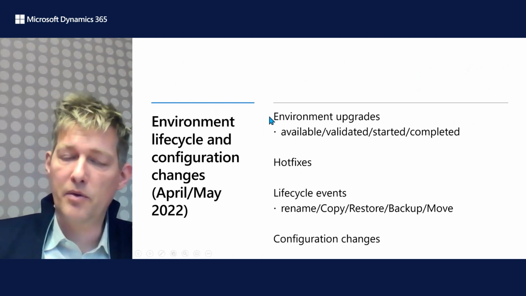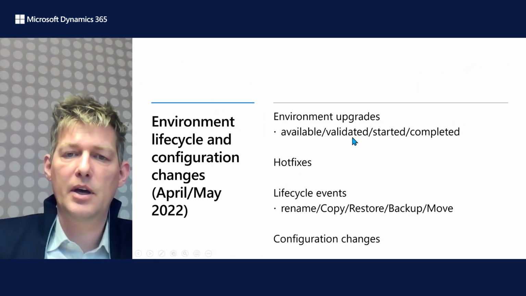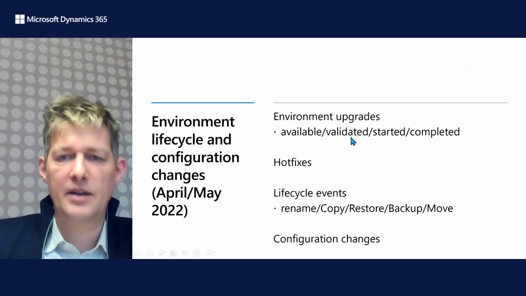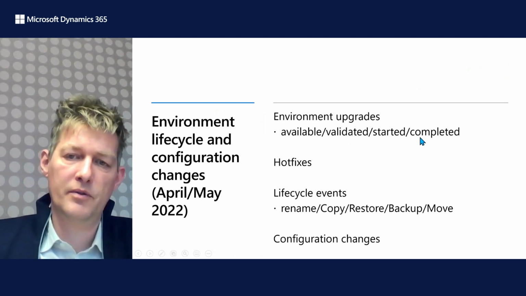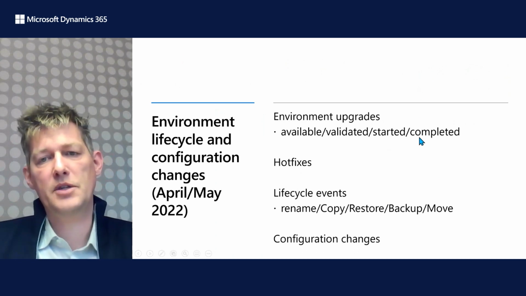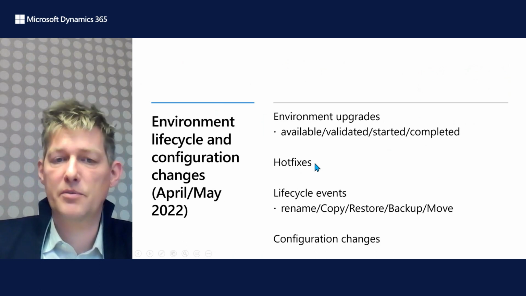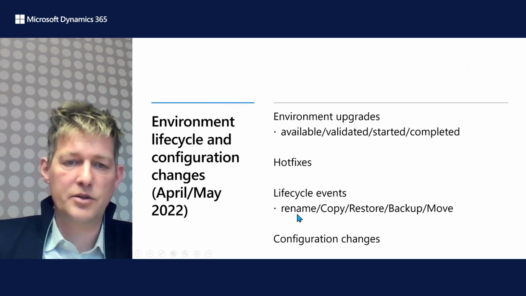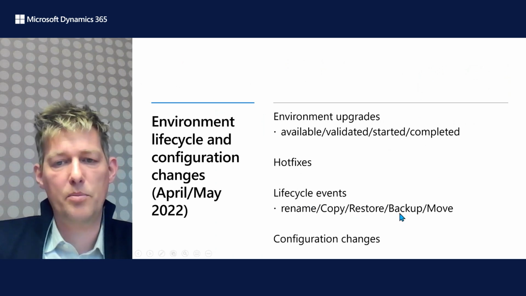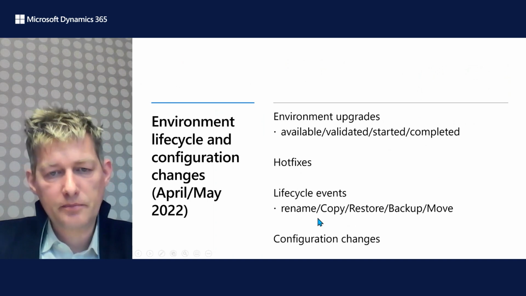Anything related to upgrade: whenever an upgrade is available for an environment, whenever that environment has been validated, when the upgrade has started, completed, or maybe failed or timed out. Anything related to an environment upgrade, any hotfix that we roll out, any lifecycle events on an environment such as rename, copy, restore, backup, or move to a different AD tenant.